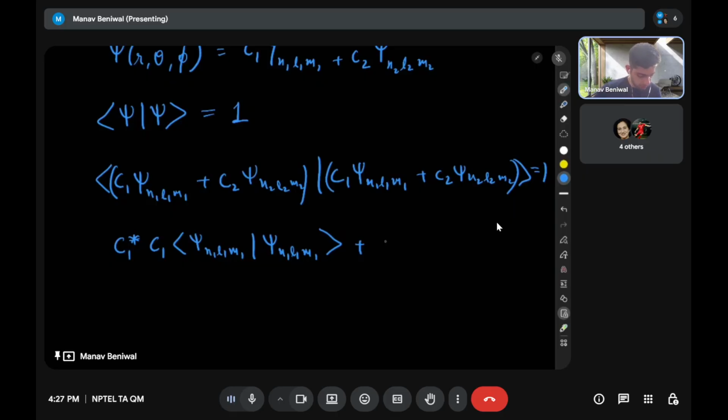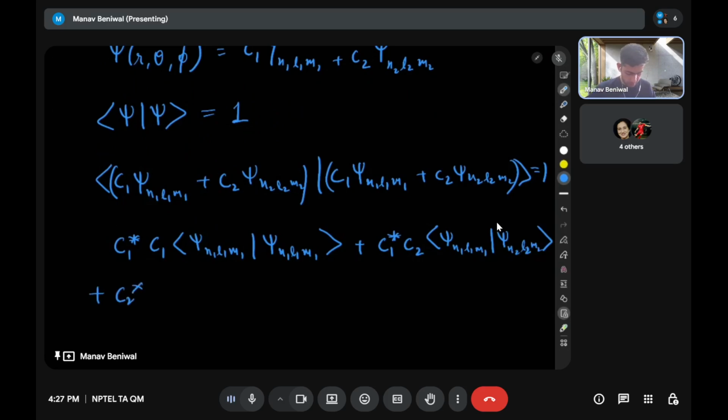The second term that we'll get will be c1 star, c2, and then psi n1 l1 m1 and psi n2 l2 m2, correct?